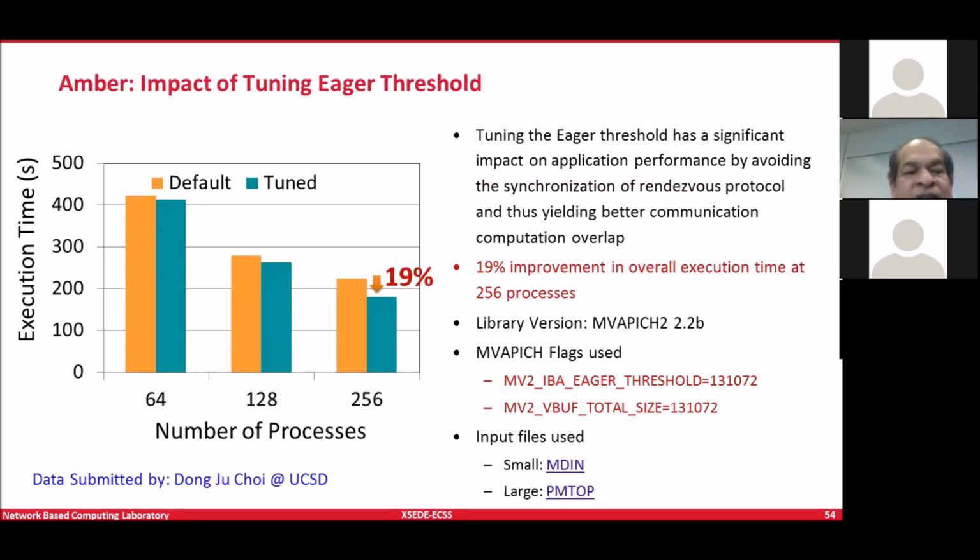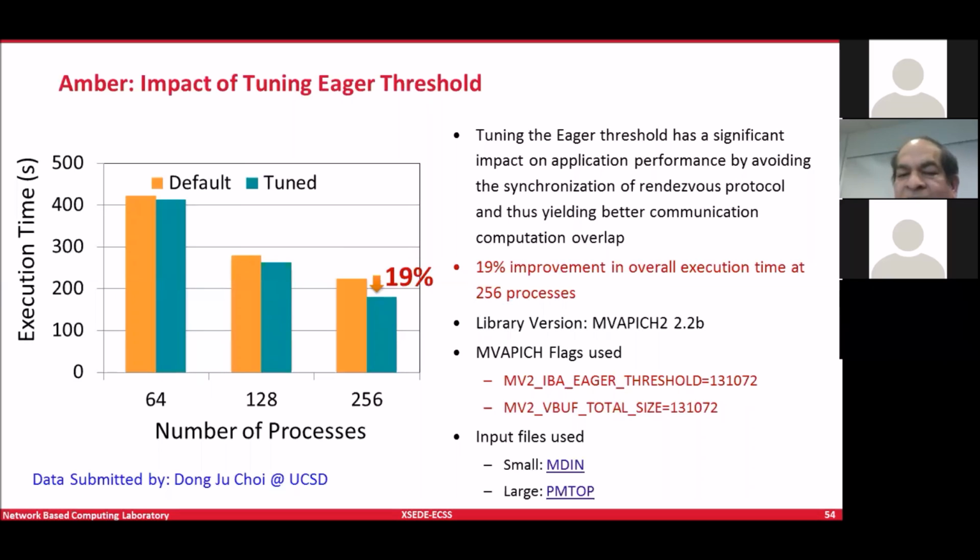This is Amber. It has been done by Dong Choi from San Diego. Here, I talked about that eager threshold parameter. There is also another parameter called VBUF total. By adjusting those using MVAPICH2 2.2b with 256 processes, you can extract a 19% improvement in the overall execution time for Amber.